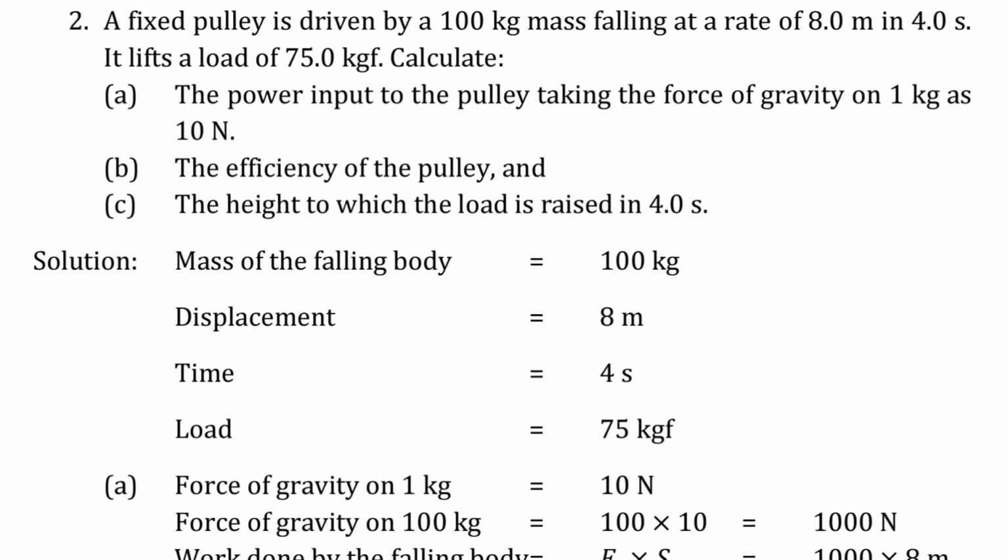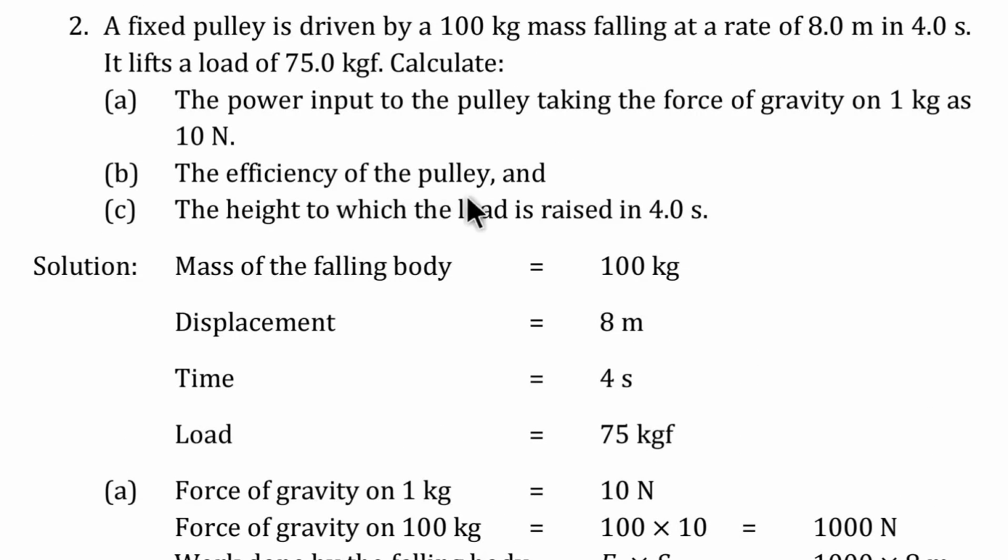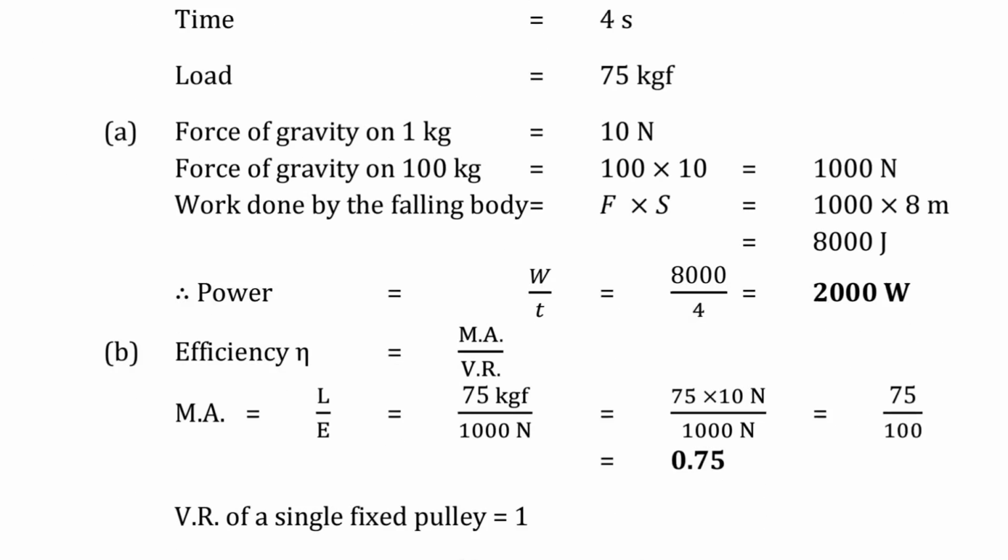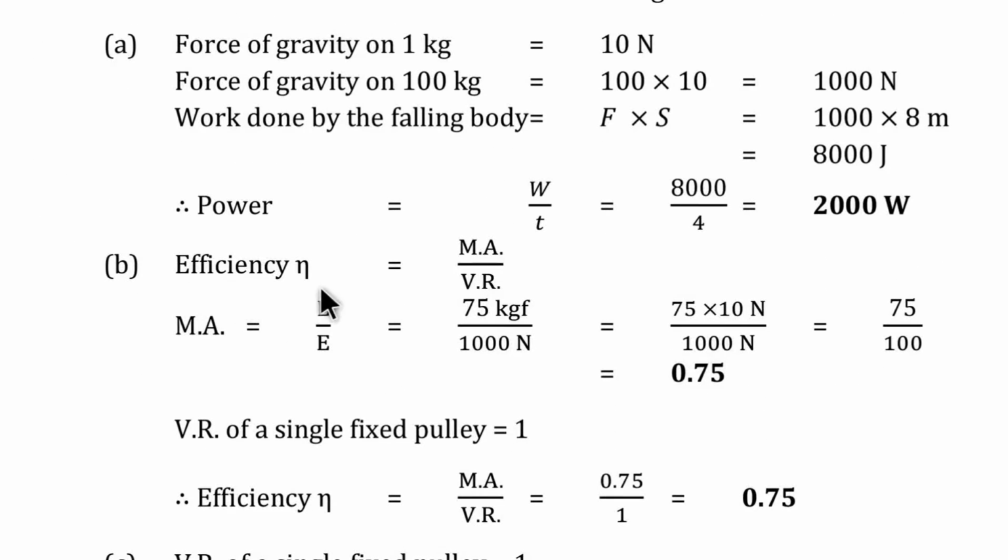Next you have to find number B, the efficiency of the pulley. The efficiency is obtained by mechanical advantage divided by velocity ratio. Now the mechanical advantage is equal to load by effort. The load is 75 kgf and effort is 1000 Newton, which we have already obtained.